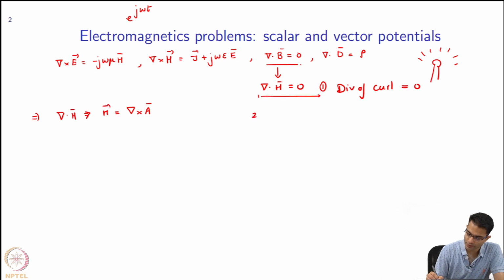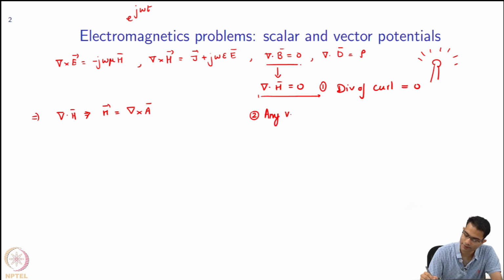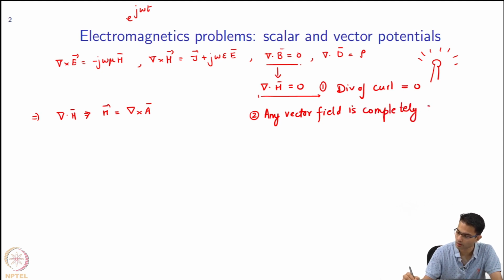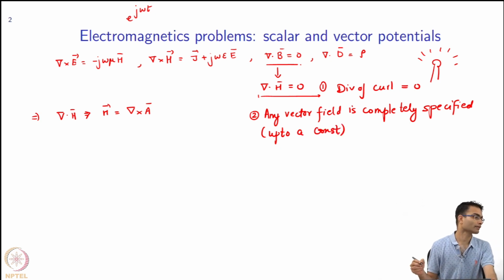The second idea that we are yet to use, but we will use, is that we had done this right in the beginning of the module studying vector calculus, that any vector field is completely specified up to a constant if you give its curl and divergence.